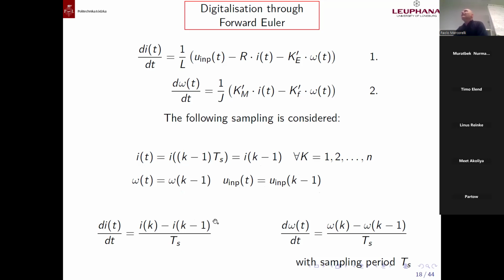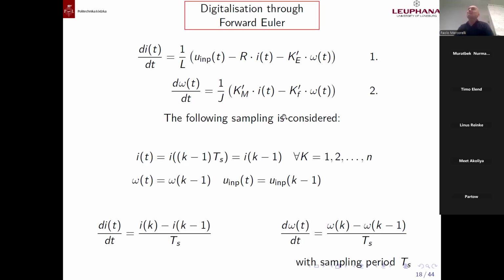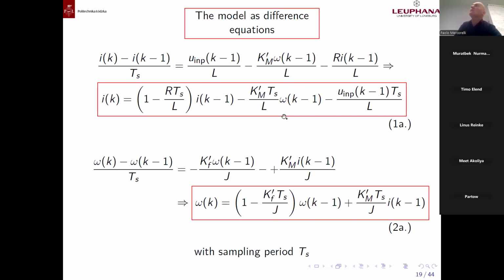Because the derivative is, in this sense, the future current minus the actual current, and the derivative of omega is the future omega minus the actual omega. What is the meaning if I don't know the future omega? The meaning is just in a formal way to represent in discrete form equation 1 and equation 2. If I plug this position in equation 1 and equation 2, considering Ts the sample time, believe me, after boring calculation, I will obtain equation 1a and equation 2a.